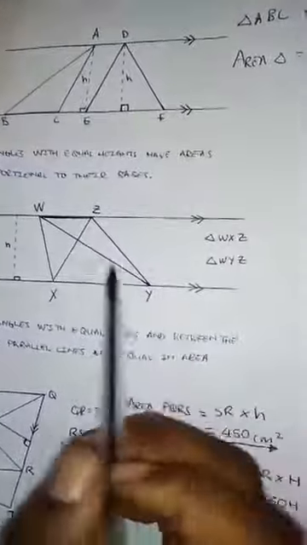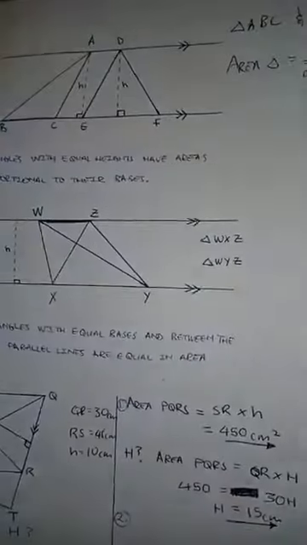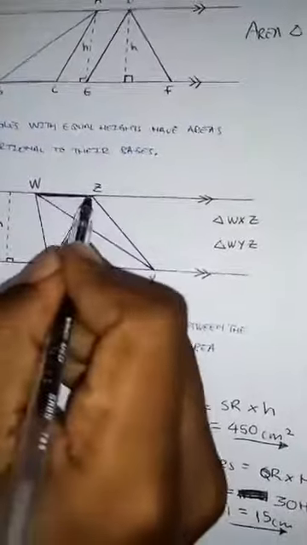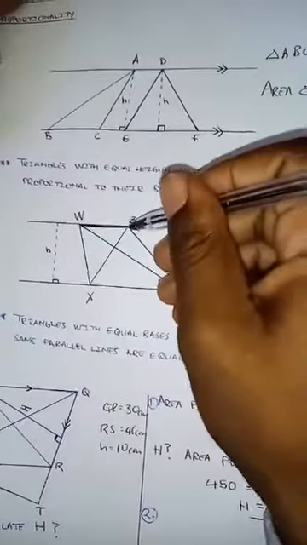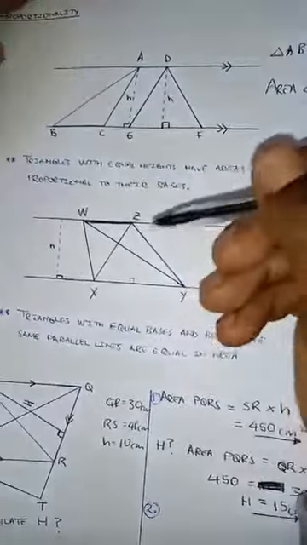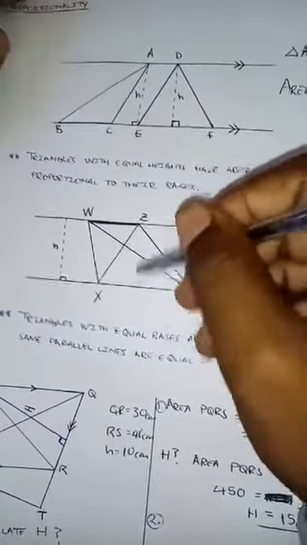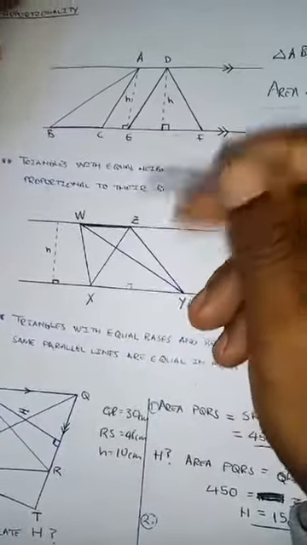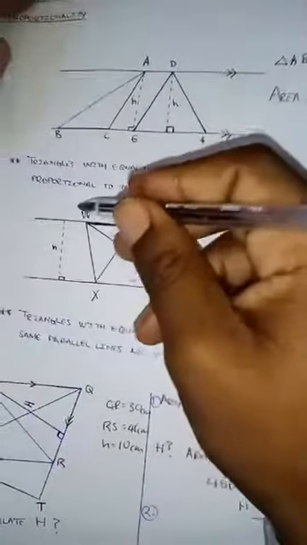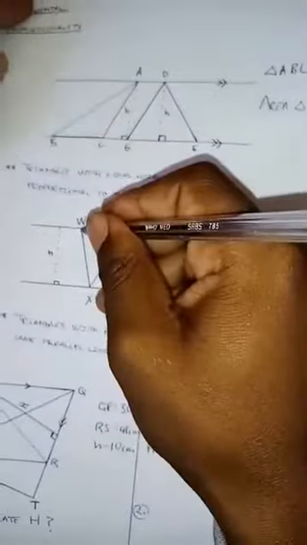And you should be able to identify triangle WYZ with the same base WZ. These triangles have the same base, but they also have the same height. Still, these are within parallel lines, so we expect their heights to be the same. And you can construct the height for WYZ, which would be something like that.